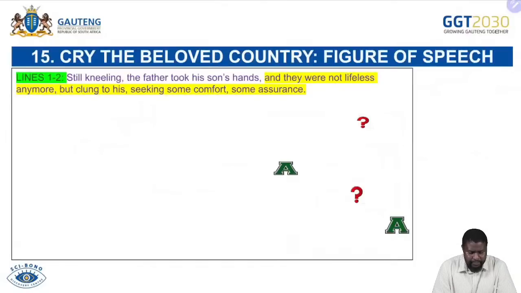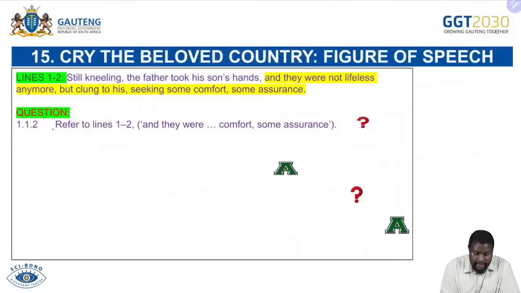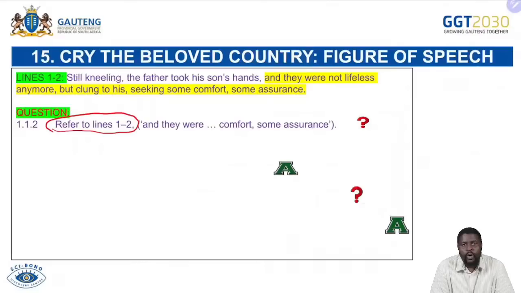Here's the question. Refer to lines 1 to 2. Now remember, the question says refer to lines 1 to 2. This means you cannot answer it without going back to read lines 1 to 2. So you need to go back to the extract and read lines 1 to 2. Still kneeling, the father took his son's hands, and they were not lifeless anymore, but clung to his, seeking some comfort, some assurance.